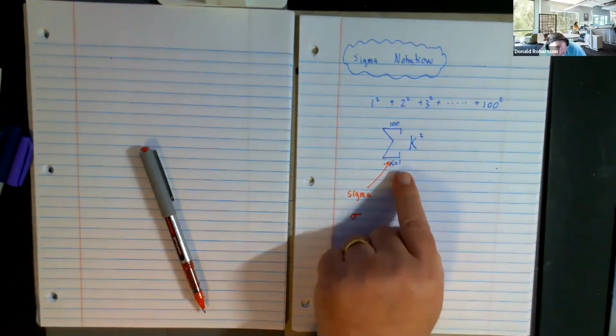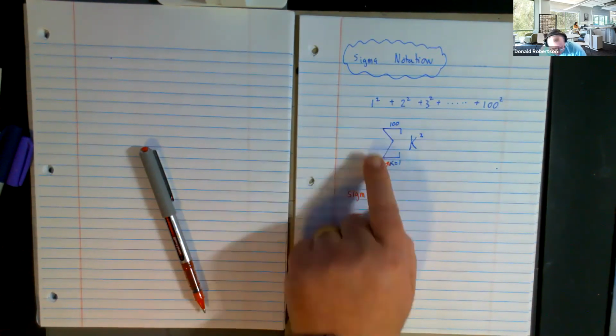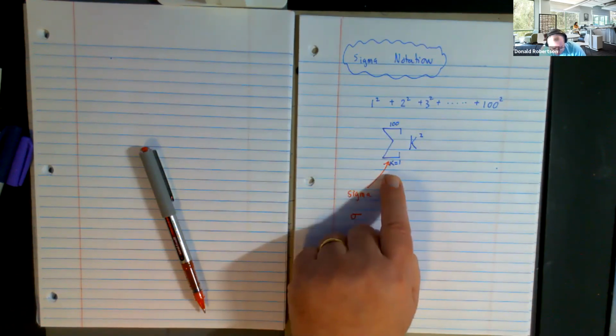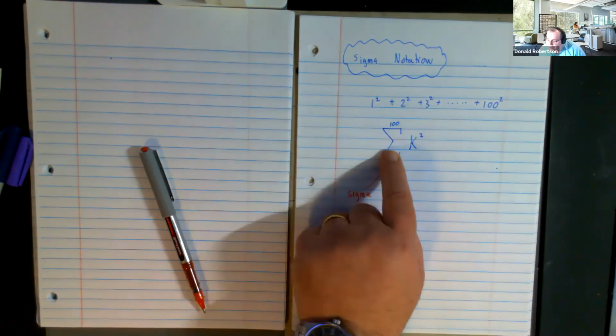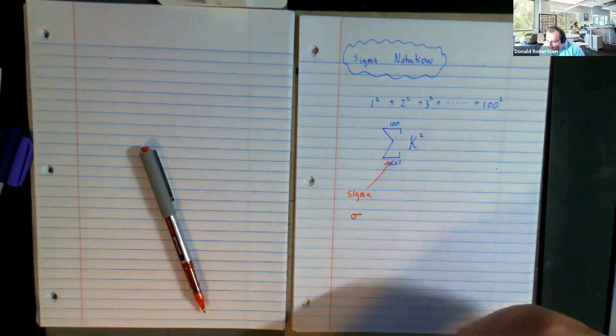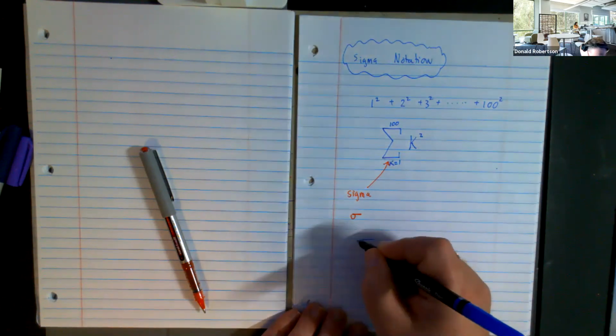Well, k equals 1, you plug in 1, you get 1 squared. Sigma means add up, starting at 1 and finishing at 100, using this as your formula. Can you see that that is representing this? Can you see how 1 squared plus 2 squared plus the next k is 3 squared and so on?